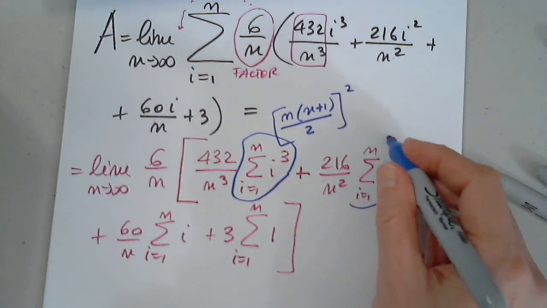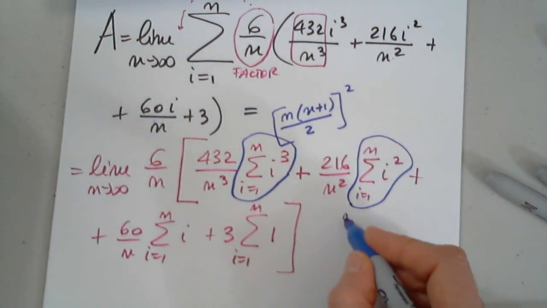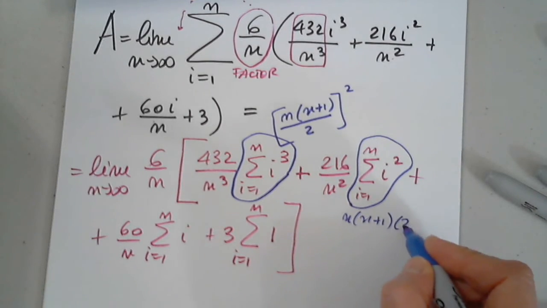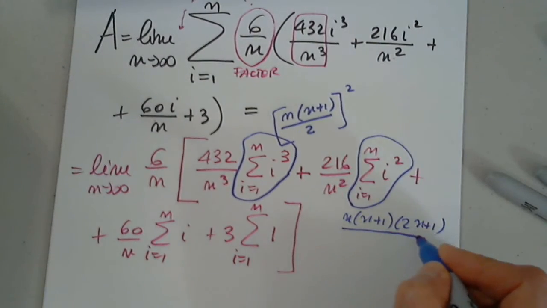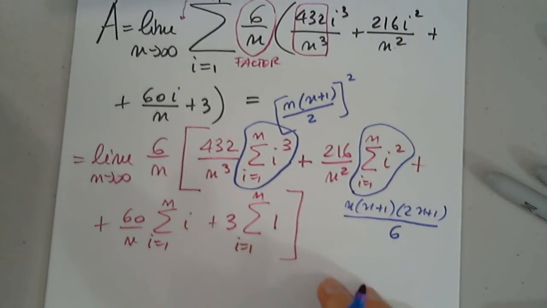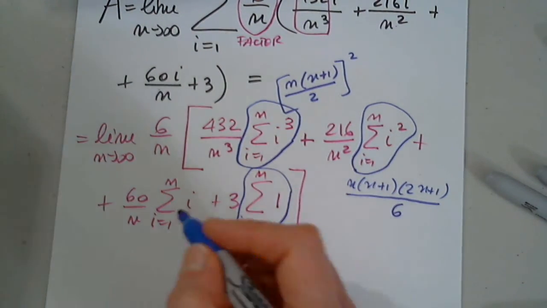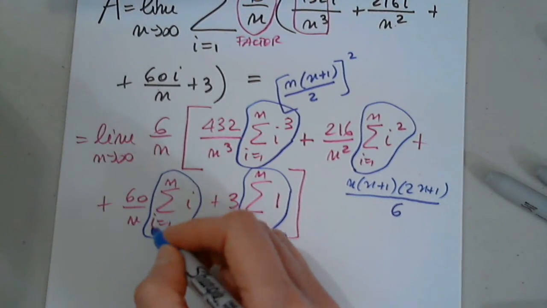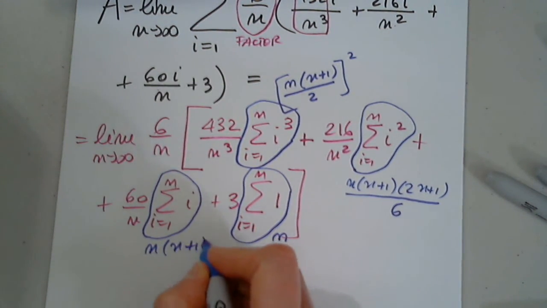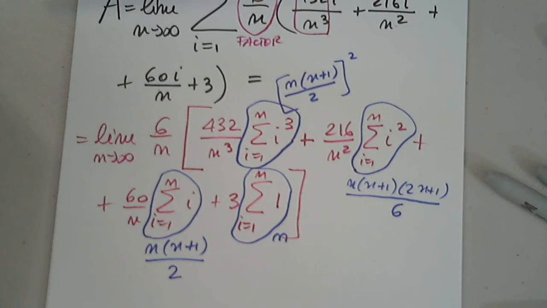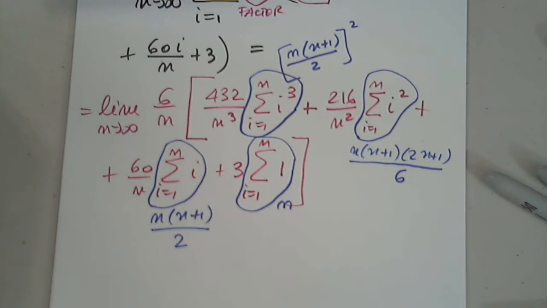This is the ugly one, will be replaced by n plus 1, 2n plus 1 over 6. This will be replaced by n, and this will be replaced by n plus 1 divided by 2. Okay, and then I apply the limit and we're done.